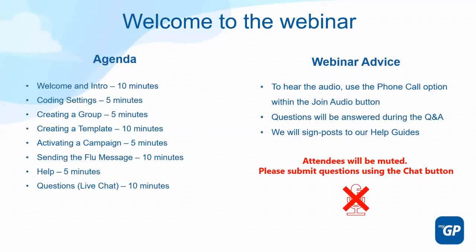It's going to take you through step by step on how to send a health campaign for the flu season. So I will make sure we look at that for you. And then once we've hit that, we'll have some time at the end for any questions via our chat function. And my lovely colleague Zoltan will be able to take over at that point and help answer any questions you put in as we go through the session today.